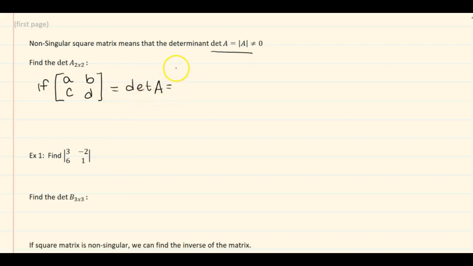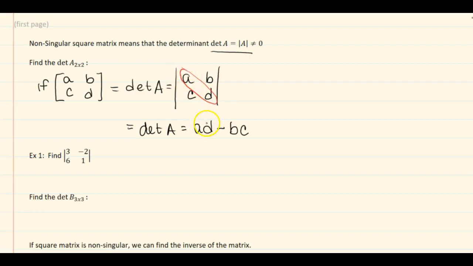We can also write it like this, in terms of having A, B, C, and D. And what that means is that we're going to find the determinant by multiplying A times D and subtracting B times C. So if you think about it, you're going to do a diagonal multiplication, A times D, and then subtract B times C.